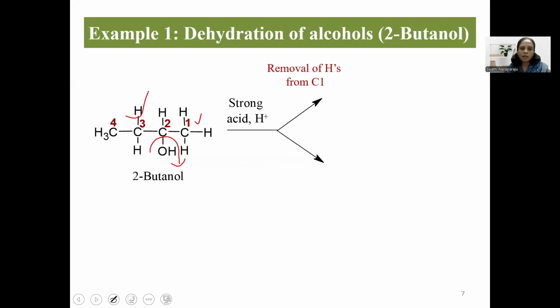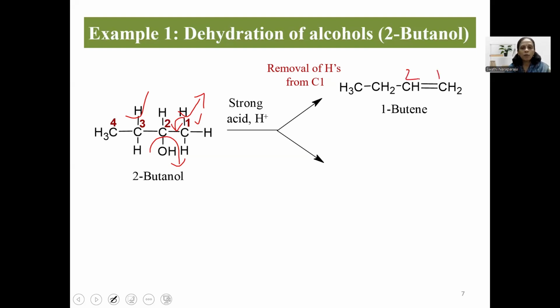So upon removal of hydrogen from C1 carbon, there will be formation of 1-butene as the major product because hydroxyl group is removed from the second carbon and hydrogen is removed from the first carbon. So this bond which is previously shared between carbon and hydrogen at first position will be migrating in the form of double bond. So that is how a double bond will be introduced at the first position.